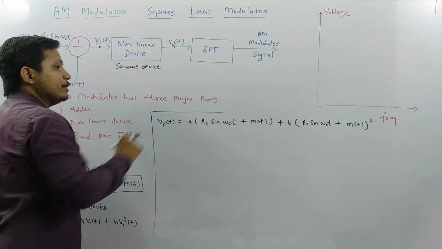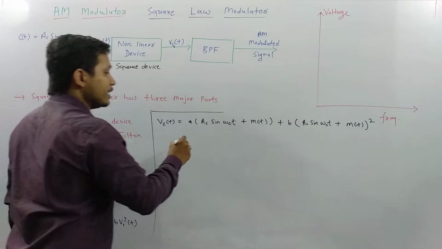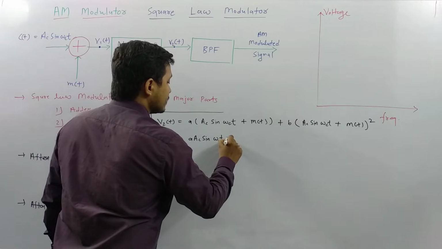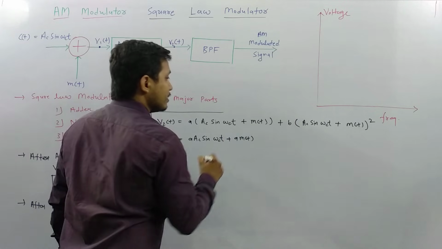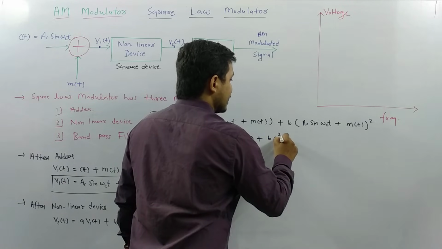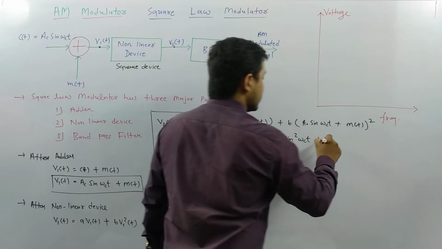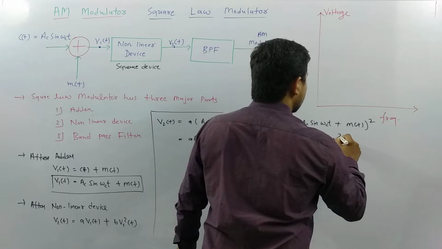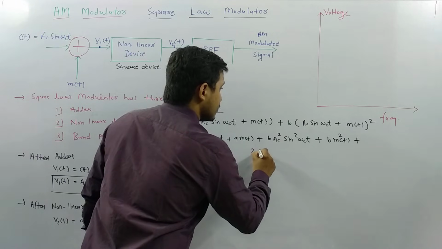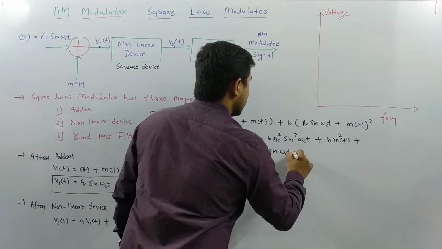Now again let us simplify this. This V2(t) will be a into Ac sin omega c t plus small a into m(t), plus b into Ac square sin square omega c t plus b into m square t, plus twice b into Ac sin omega c t into m(t).